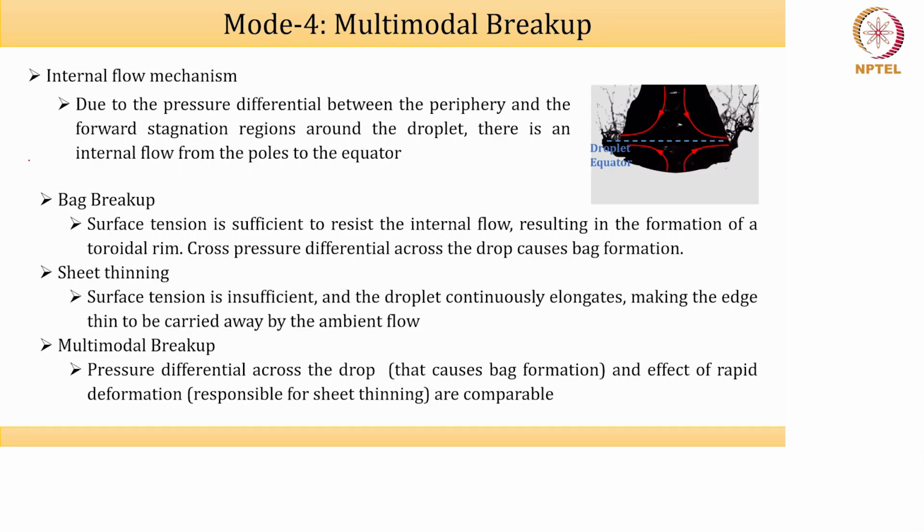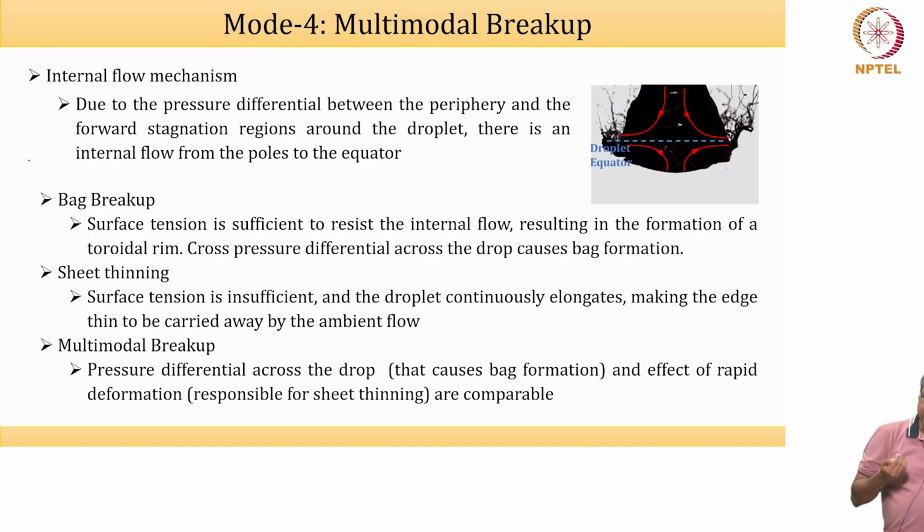So in summary, in the bag breakup, the surface tension is sufficient to resist the internal flow, resulting in the formation of this toroidal rim. In the case of shear thinning, the surface tension is insufficient, and the droplet continuously elongates because you have a continuous flow.